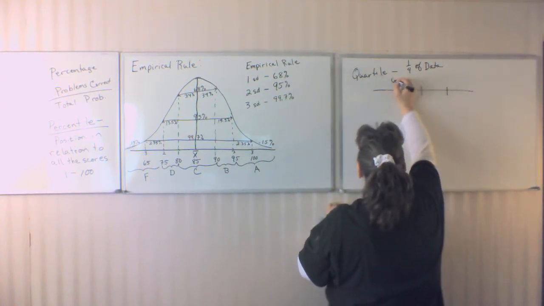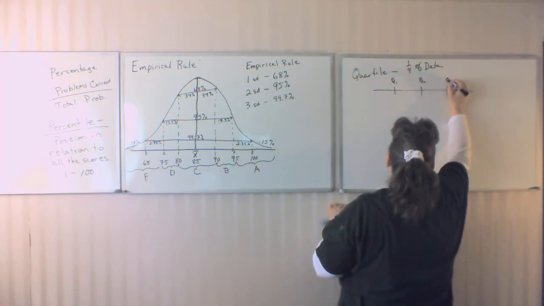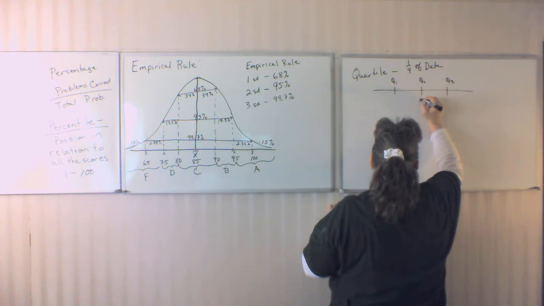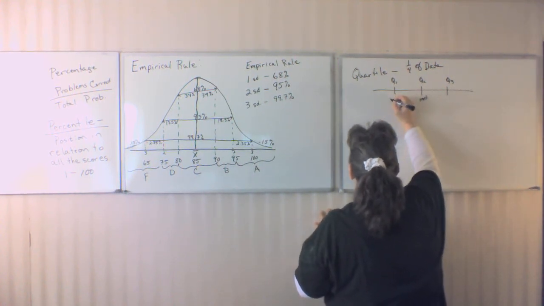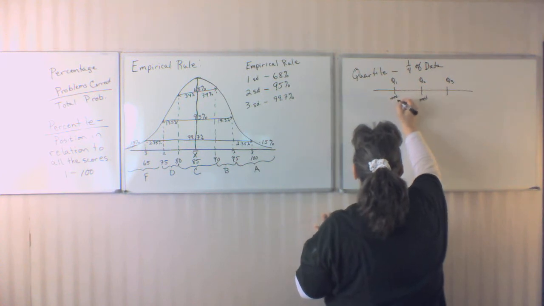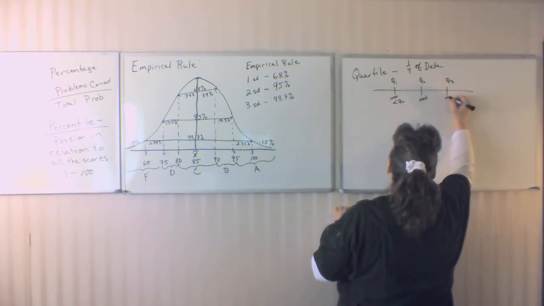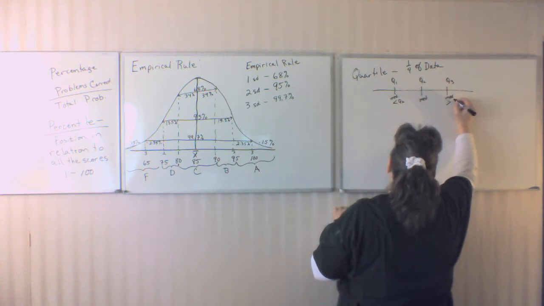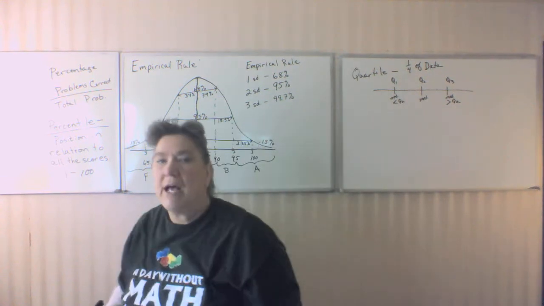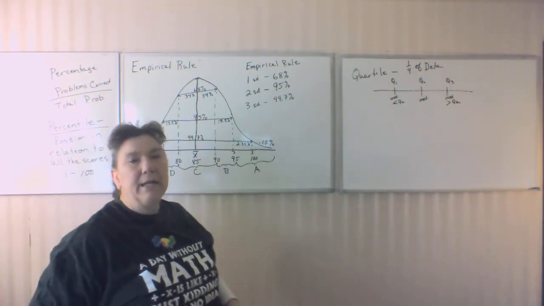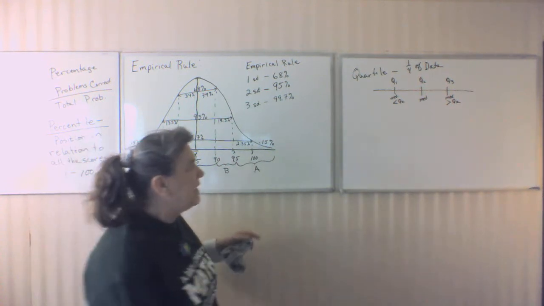And this is, remember, your Q1, your Q2, and the Q3. Q2 is the median of all the data. Q1 is the median of the less than Q2 data. And Q3 is the median of the greater than Q2 data. And so when you're talking quartiles, again, you're talking placement in relationship to all the other data.